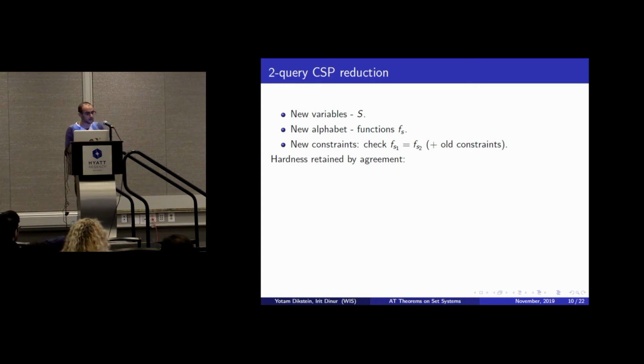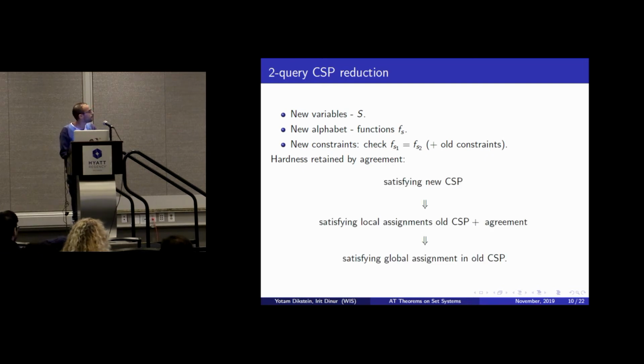And this new CSP still retains almost the same hardness as the old one, because if I find a satisfying assignment to the new CSP, this means that I found satisfying local assignments to the old CSP that also agree with one another. And as we said before, we can find from this a satisfying assignment to the whole vertex set in the old CSP.